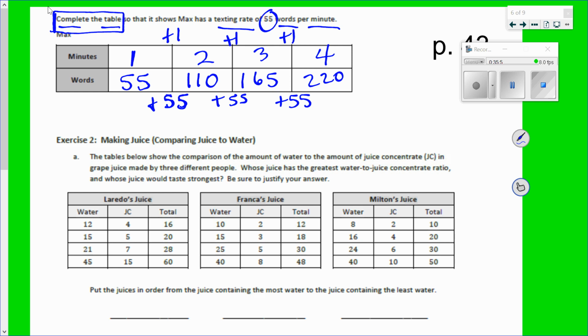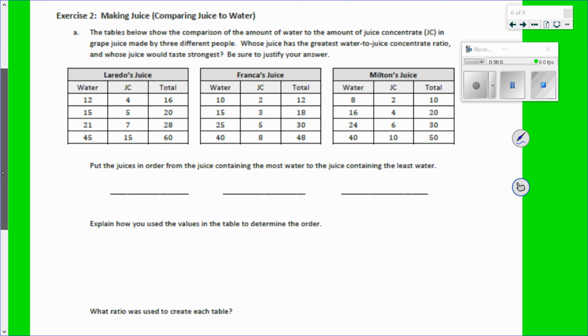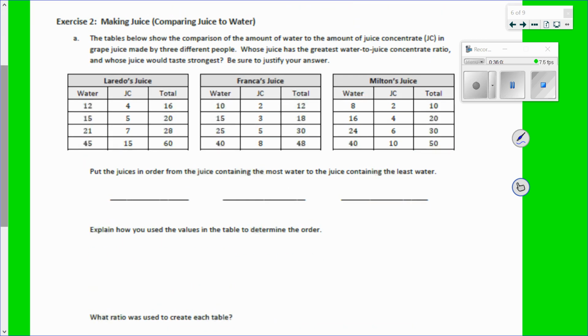Yes, Logan. Just sign out, remember, you don't have to ask. Any questions on this? All right, let's look at exercise 2. This is on page 43, and 44 continues.